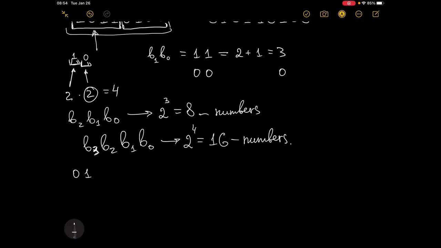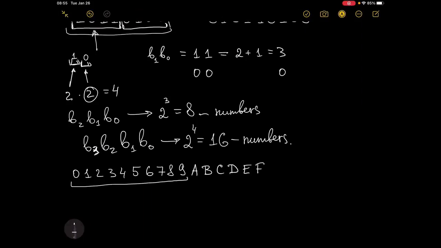So 0, 1, 2, 3, 4, 5, 6, 7, 8, 9. And then I need new characters. So people usually use A, B, C, D, E, F. So 10 characters here.